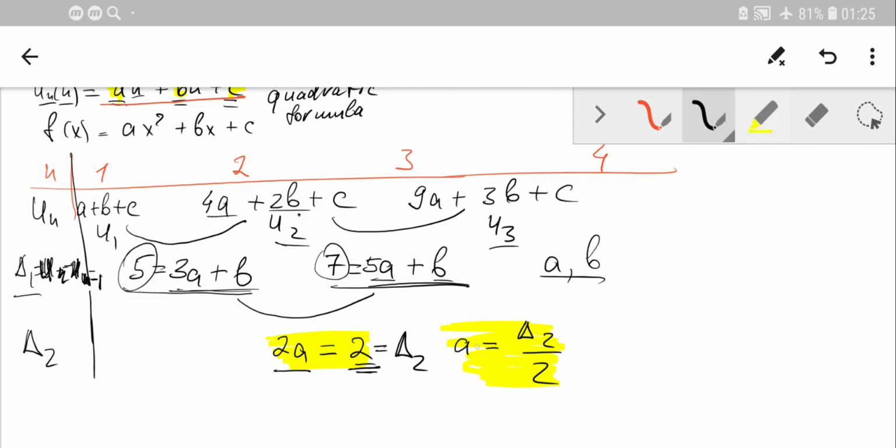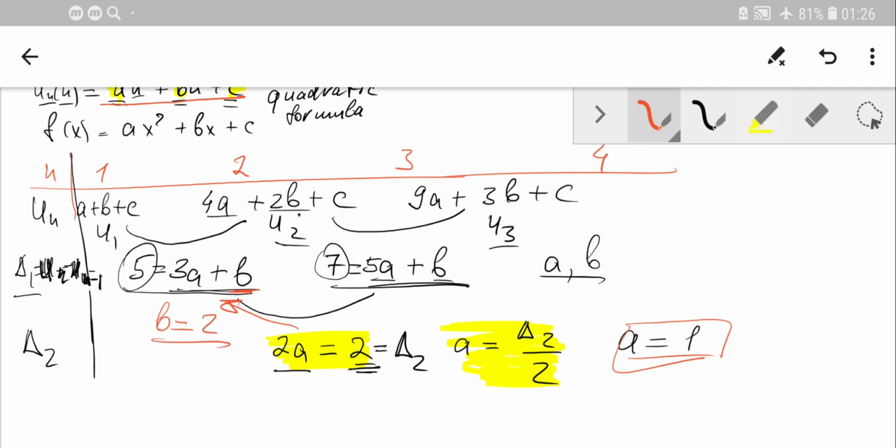So we figured out that a is the second difference over 2, but in our case, a is 1. We established the value for a. Now we need to find b. We plug the value a equals 1 back into the formula, and we see that b is 5 minus 3, so it's 2.